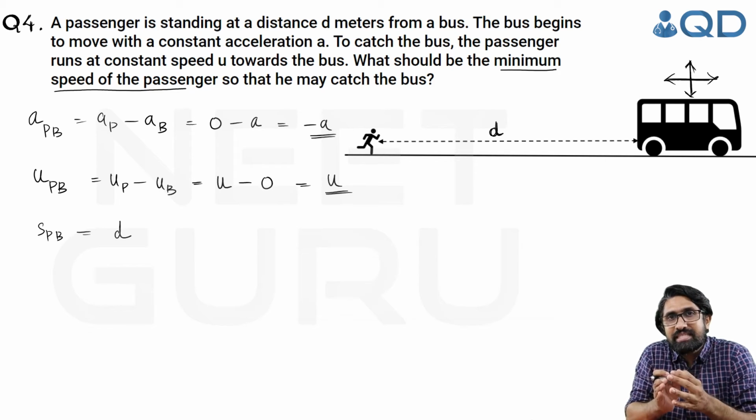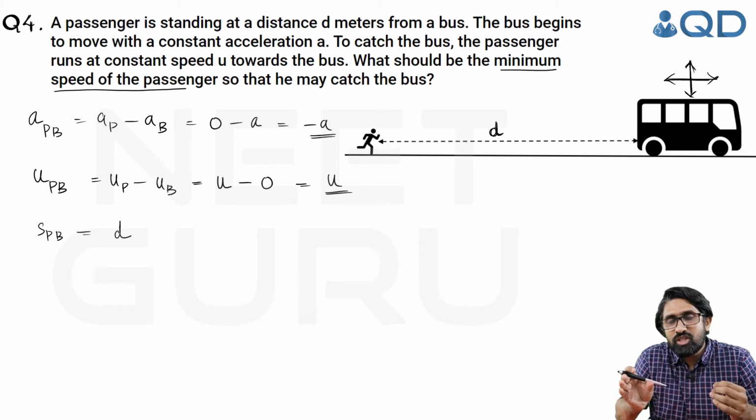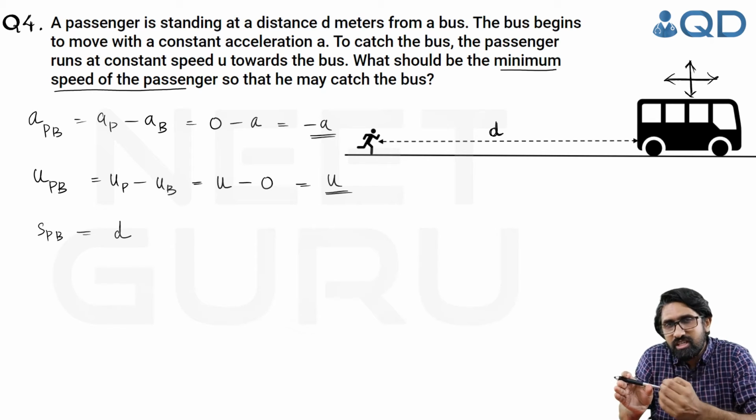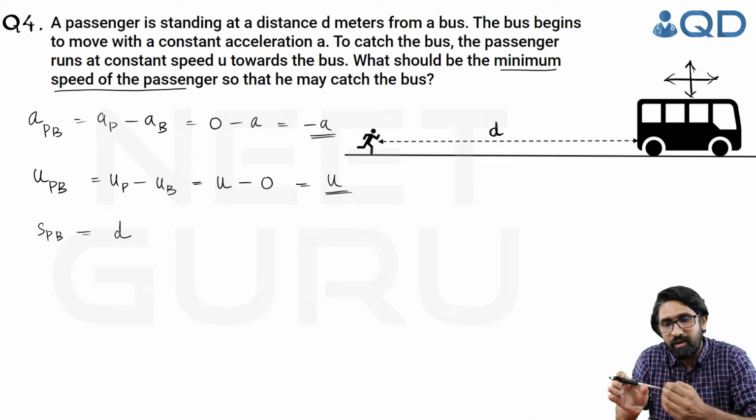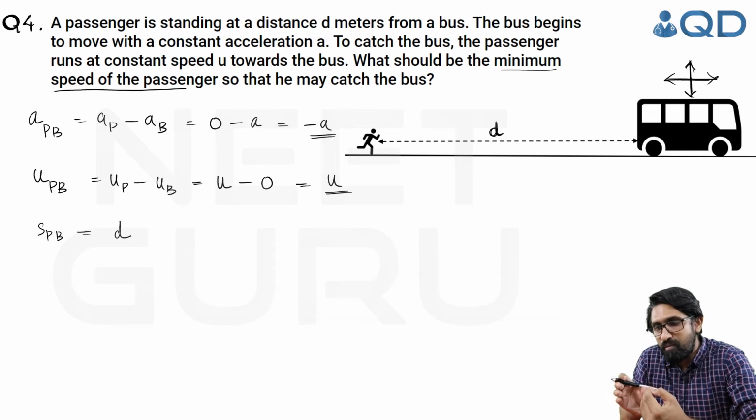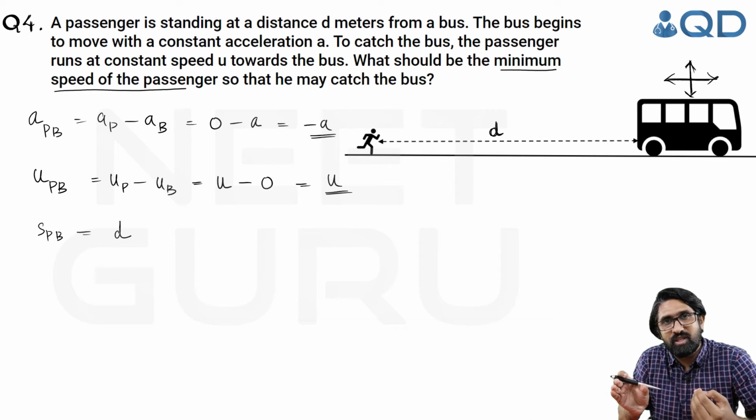So what we need is a minimum speed with which the passenger should travel so that he can just catch the bus. And in that case, please understand that that minimum case refers to the condition where the passenger covers the relative displacement d, and at that point, both the bus and the passenger would have the same exact velocity. Otherwise, the passenger would overtake the bus.